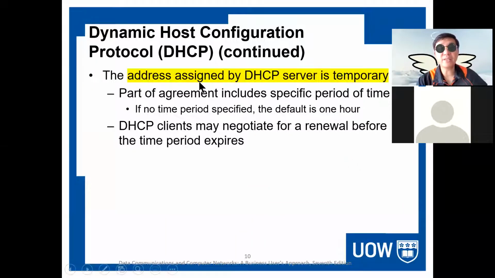The address is assigned by the DHCP server. So your server, you need to set it up, and it will temporarily assign an IP address. The dynamic IP address also has timing. It can expire, maybe every hour you need to renew the IP address. So this is also about security.